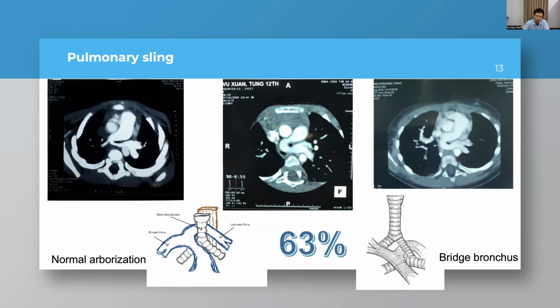But in this anomaly, the left main PA goes behind the trachea, circles it, and goes to the left lung. And it makes the trachea become narrowed because of pressure. And also it compromises the blood flow to the left lung. These anomalies account for around 60%, in either the normal abrasion or bridge bronchus.